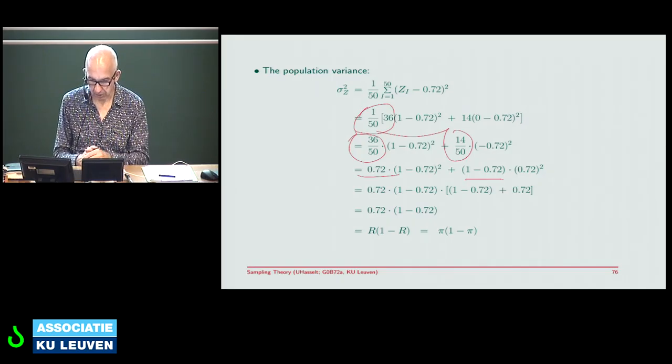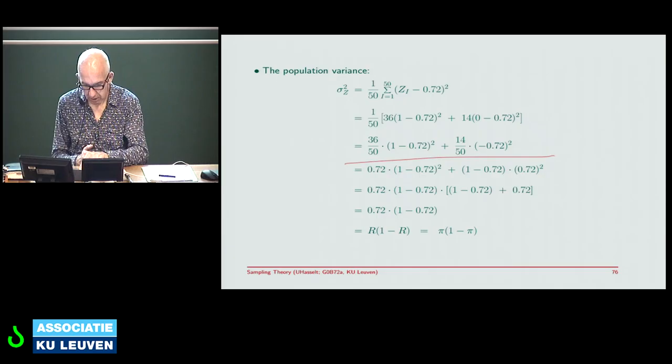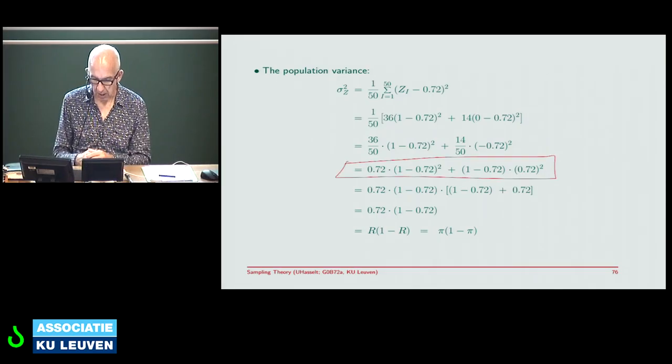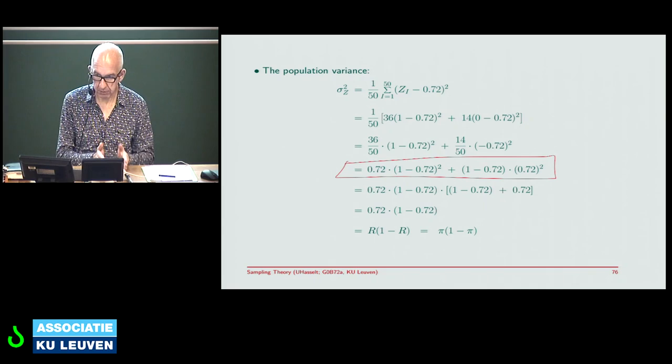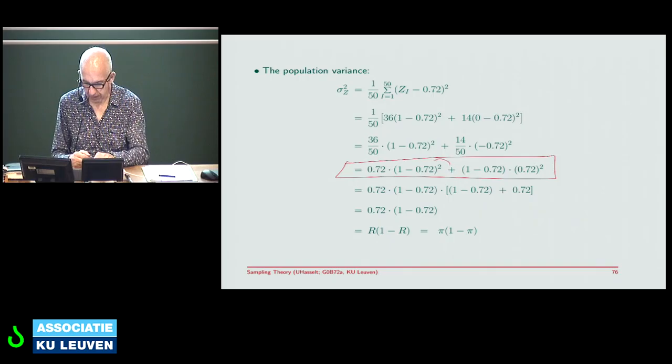All right, but look at that now. Look where we are. We have two terms, and each of them consists of 0.72 multiplied by 1 minus 0.72. But there is a little left over because in one term one of the factors is squared and in the other term the other factor is squared.